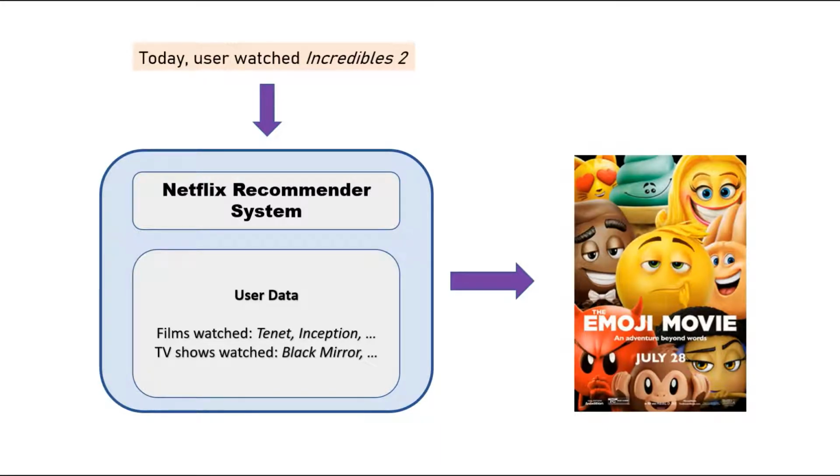But we don't want to retrain the whole system using all the old and new data together, because that is very inefficient. We only want to incrementally change our system to incorporate the new data that the system has received, but not forget about what was learned from the old data.